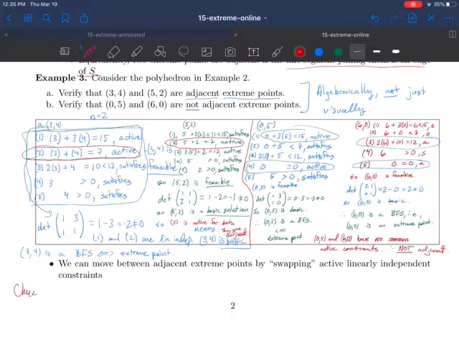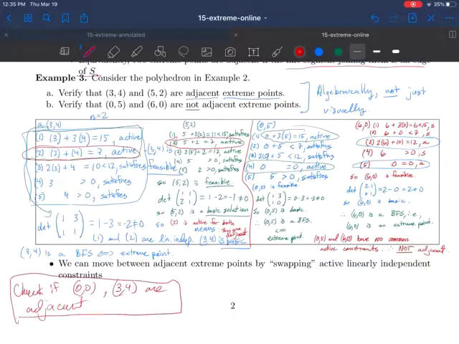So that's one thing to do. Check if (0, 0) and (3, 4) are adjacent. I've done half the work for you already, so all you have to do is the work for (0, 0).